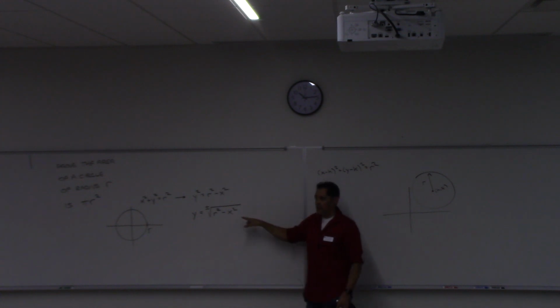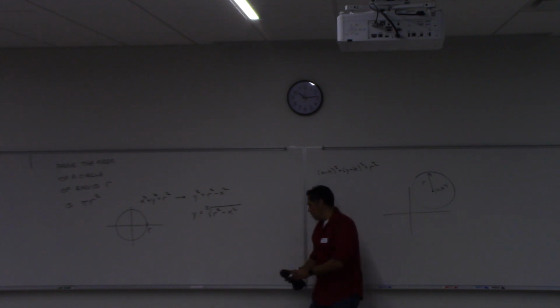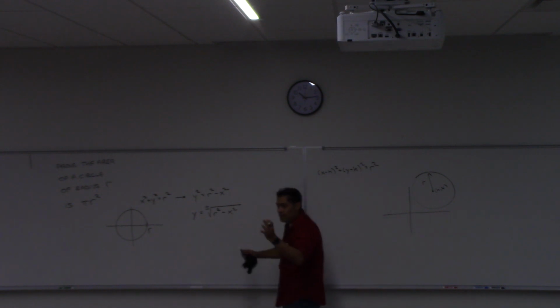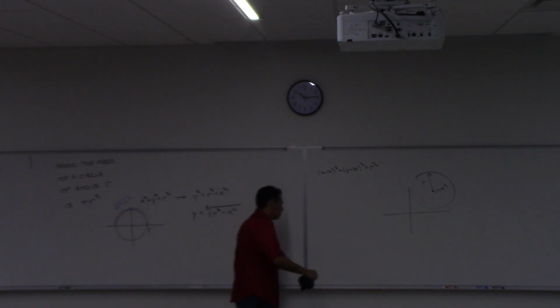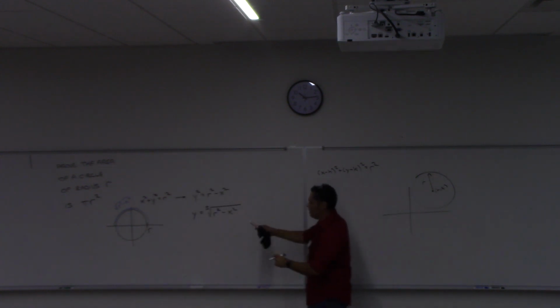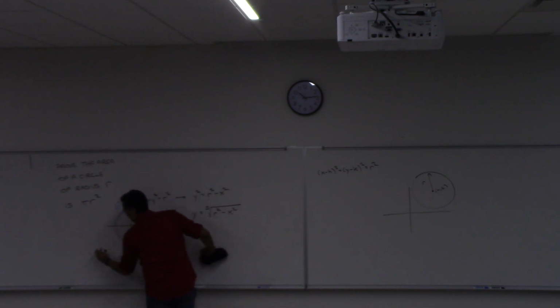The positive root draws what? The top half, and the negative root draws the bottom half. If you didn't know that, it's okay, I'm telling you right now. So the top half of this circle is the square root of r squared minus x squared, and the bottom half of the circle is drawn by the negative square root of r squared minus x squared.